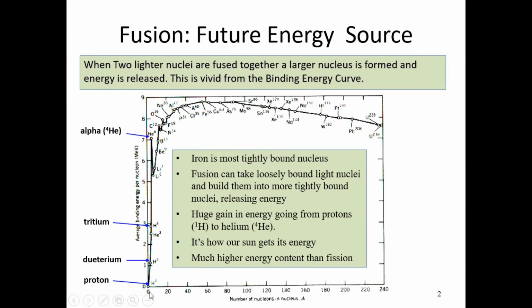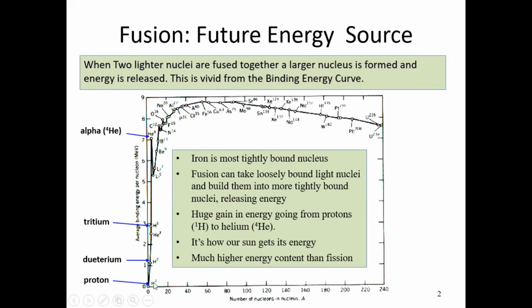You can see here with the very small values of A, the number of nucleons A shown on x-axis, and y-axis has the average binding energy per nucleon in million electron volts.